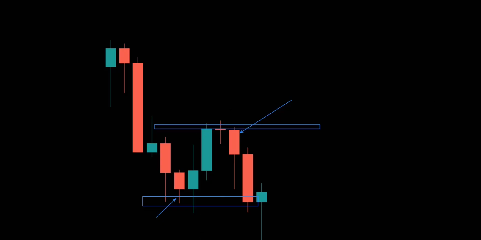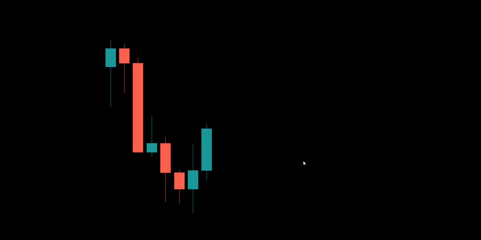At the same time, someone could argue, well, we had a resistance right over here, and this candle broke above this area. Now this is a breakout candle, and the next candle should continue moving up because we got a clean range over here. So someone takes a buy, and the next candle forms like this.